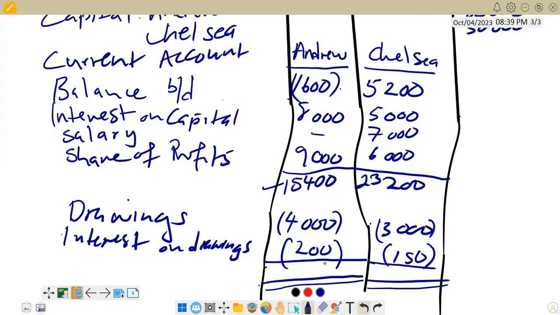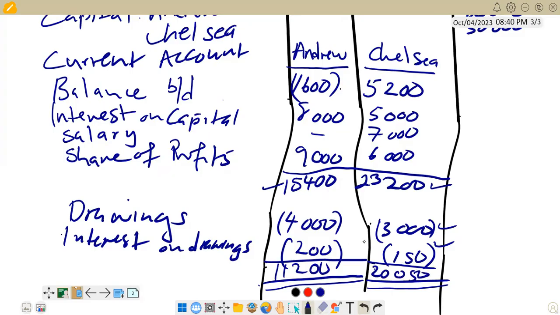If you do that, you are supposed to get 11,200. And then here again, you are supposed to take 23,200 minus 3,000 minus 150. If you do that correctly, you are supposed to get 20,050 as your answer.